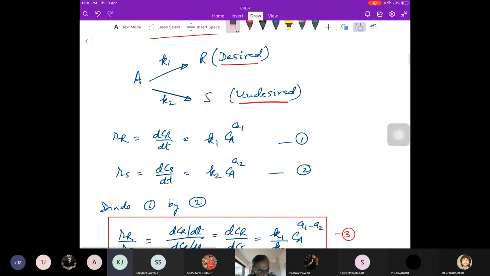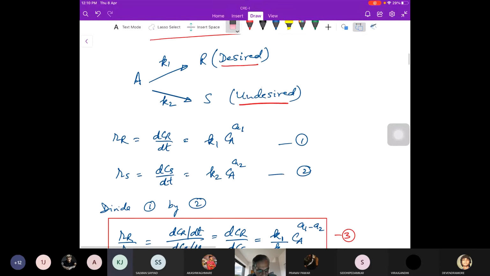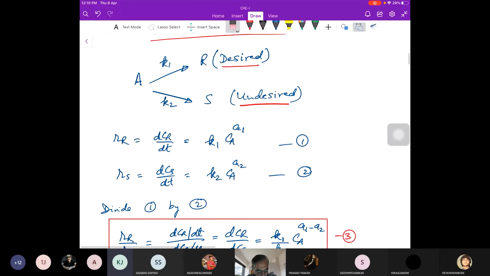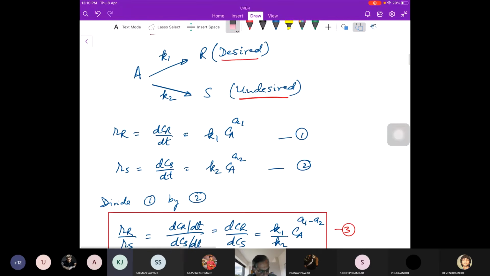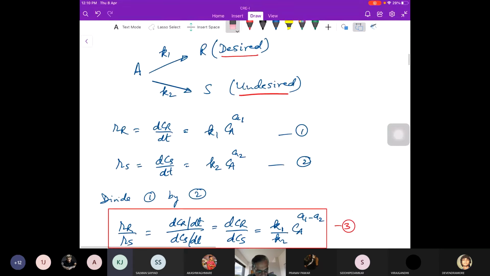So if I write rate of reaction for R, it is dCr by dt is equal to K1 into Ca raised to power of A1. If order of reaction is A1 for R formation, then power is A1, and Rs is equal to dCs by dt equal to K2 into Ca raised to power of A2. So order of reaction here is A2.